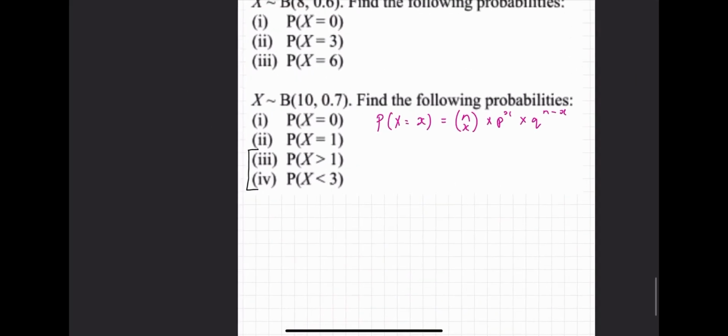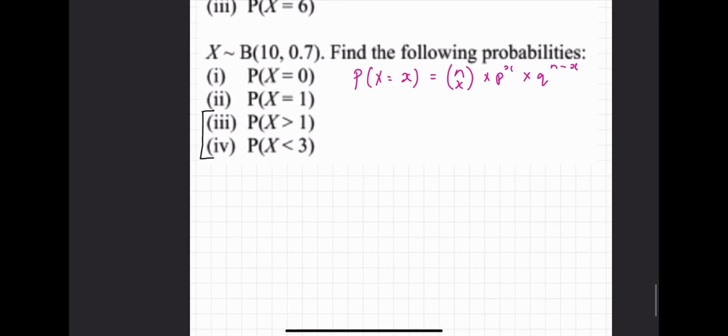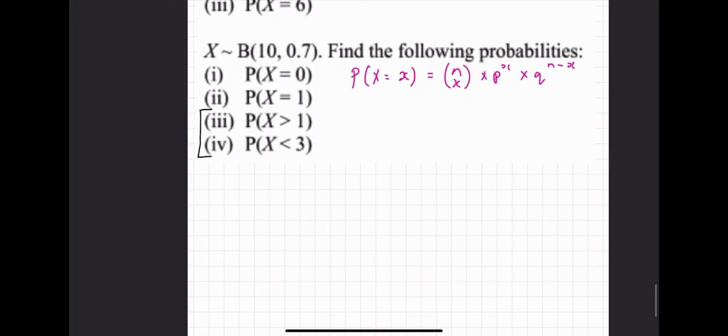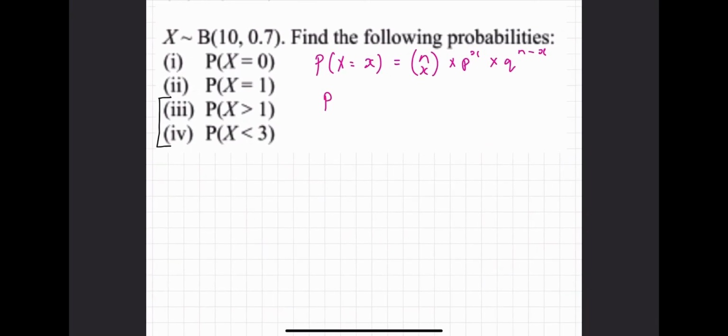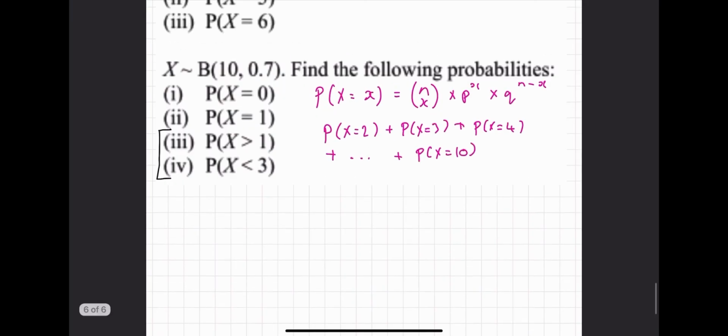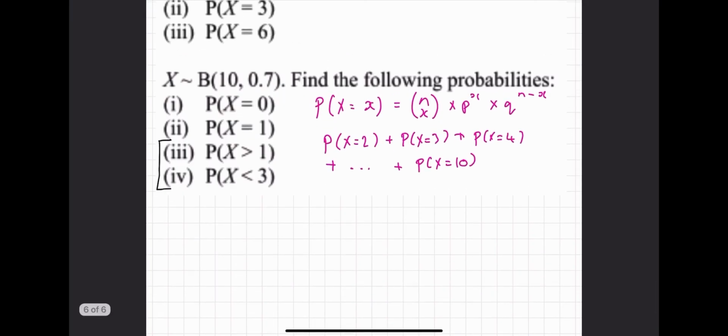So now if we're looking at the probability that x is greater than 1, well, that's going to be the probability of x equaling 2 plus the probability of x equaling 3 plus the probability of x equaling 4 plus dot dot dot all the way up to the probability that x equals 10, because there are 10 trials.